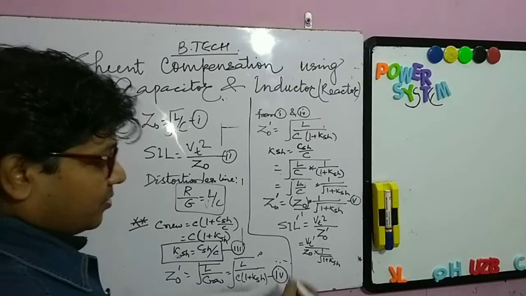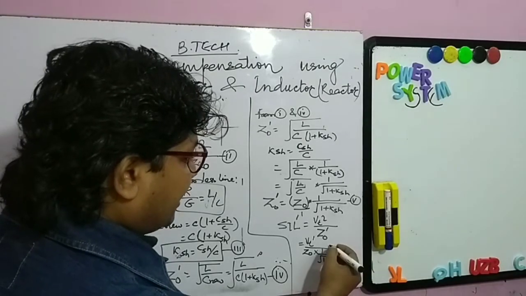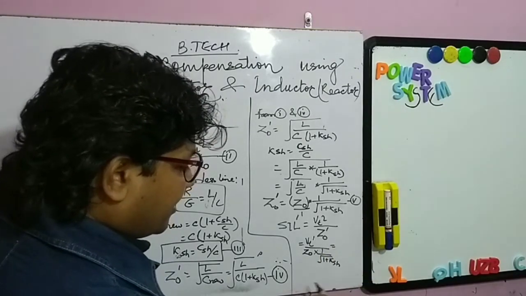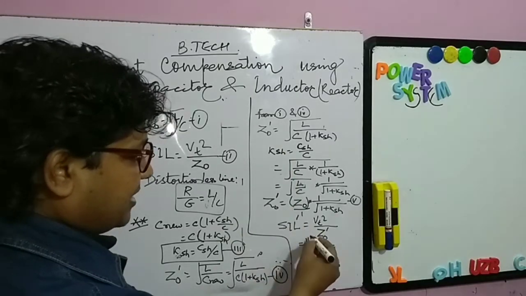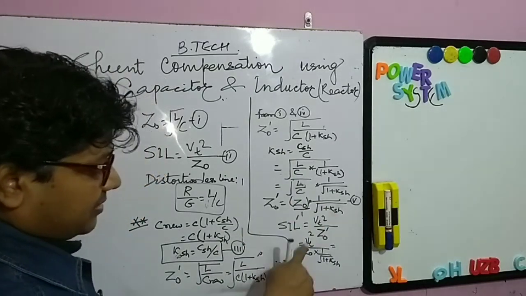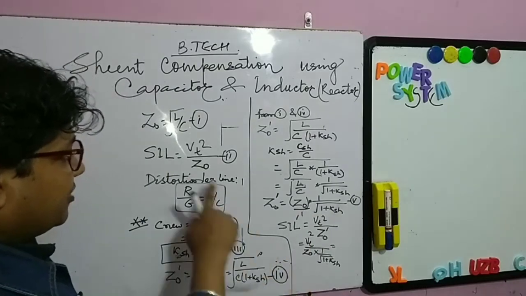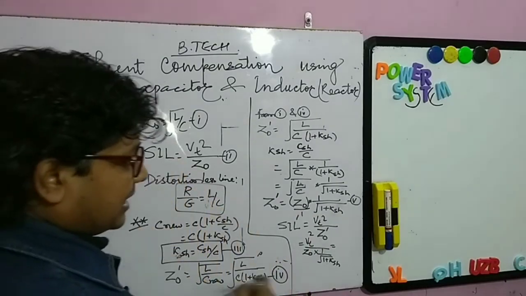So what we can write here? V_T square upon Z naught is nothing but SIL.